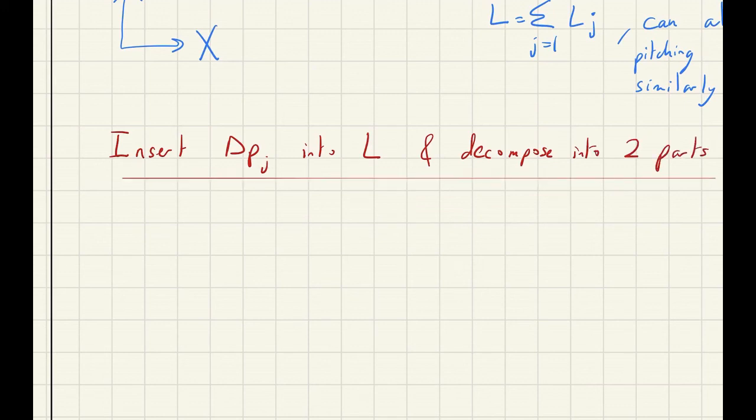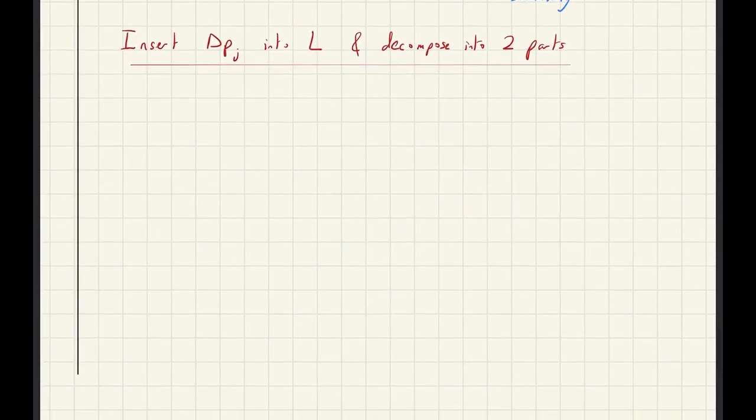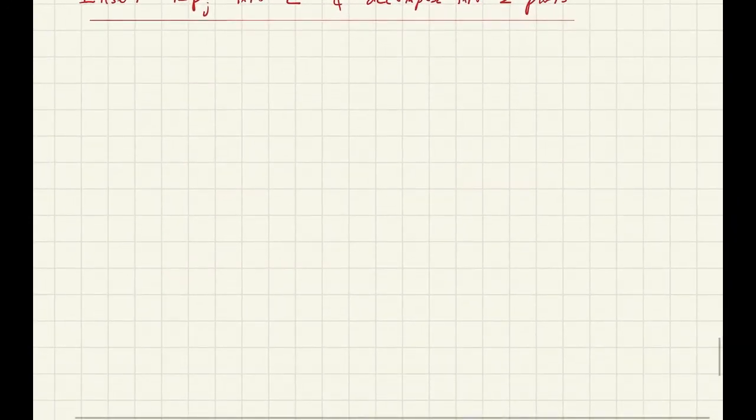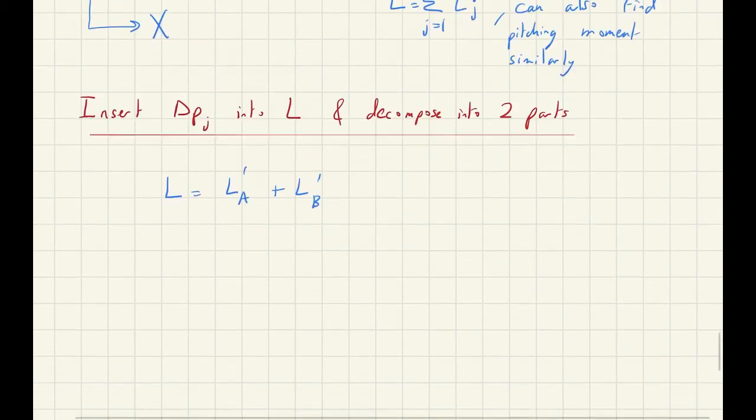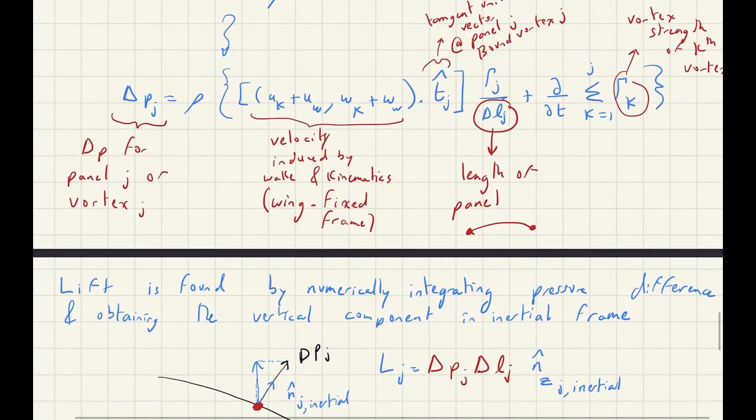Doing this would result in the following equations, where L is equal to LA prime plus LB prime, and these are the two different components we're decomposing the force into, which correspond to this component and this component here.